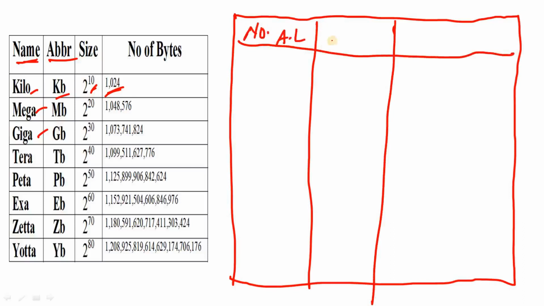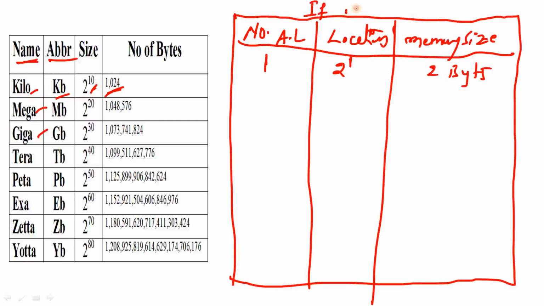Second, the locations. Third, the memory size. Coming to this one, the number of address lines equals 1. Locations, we are going to consider as 2 power 1, that means 2 bytes, if the word size equals 8 bits, which is a very, very important point.